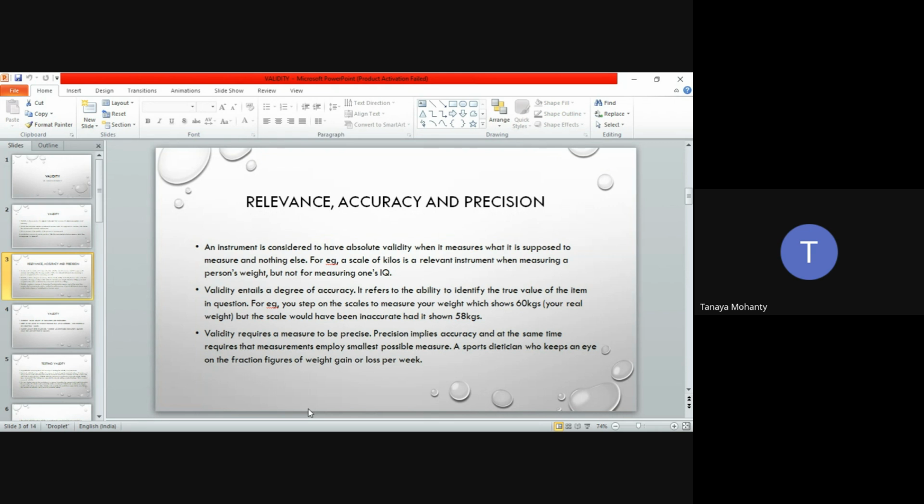And third is precision, how precise the results of that instrument are. So the more precise it is, the more valid it is as an instrument. So as I said, the electronic weighing machine is more valid than a manual weighing machine.